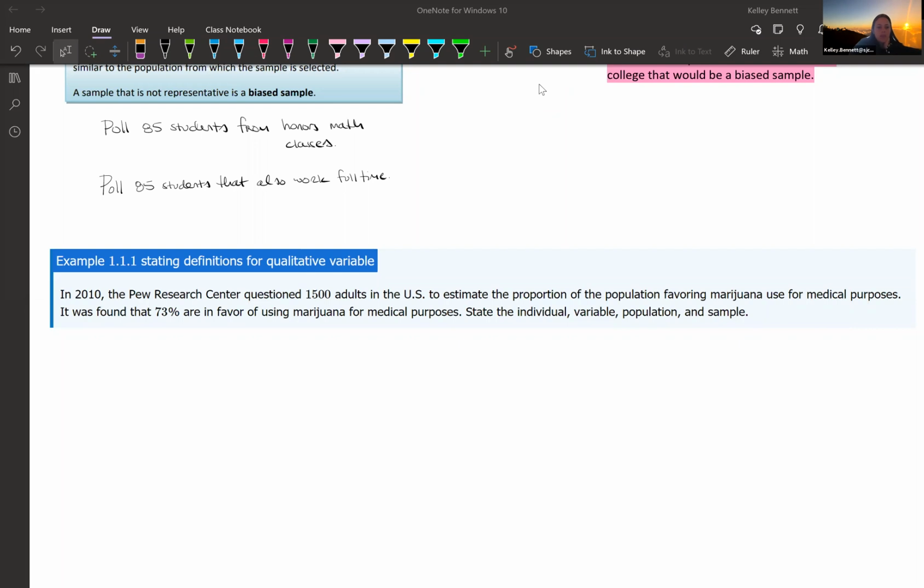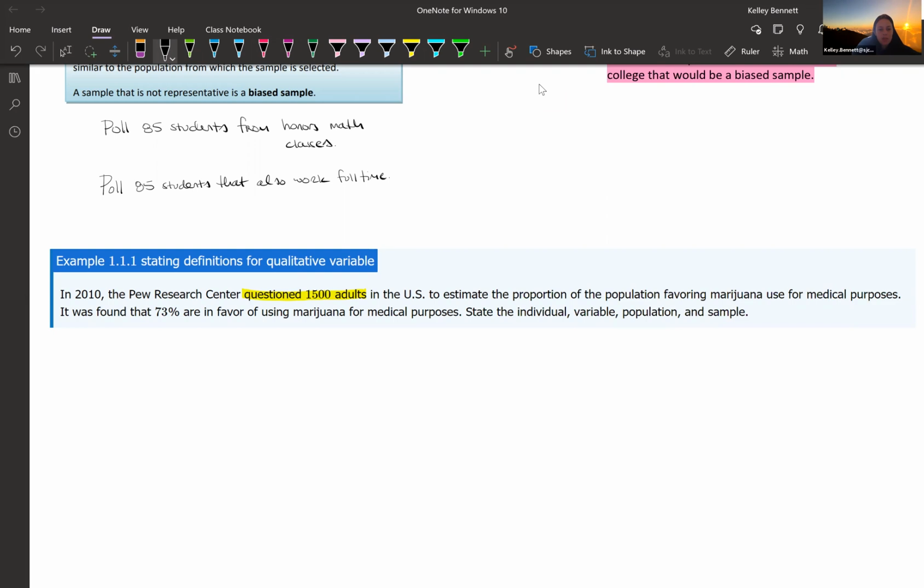Right, so let's go through the question and pick out things. To begin, we have that the Pew Research Center questioned 1,500 adults, right? So these 1,500 adults, these are the people in our survey.